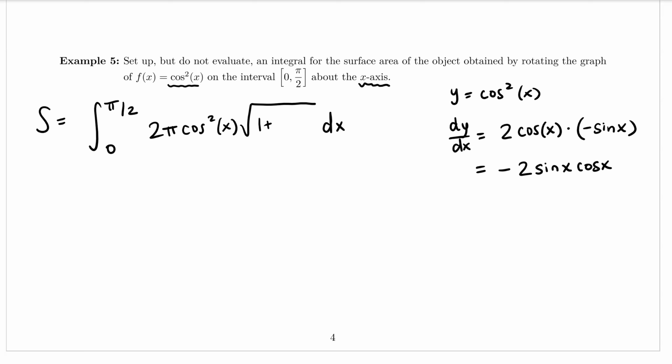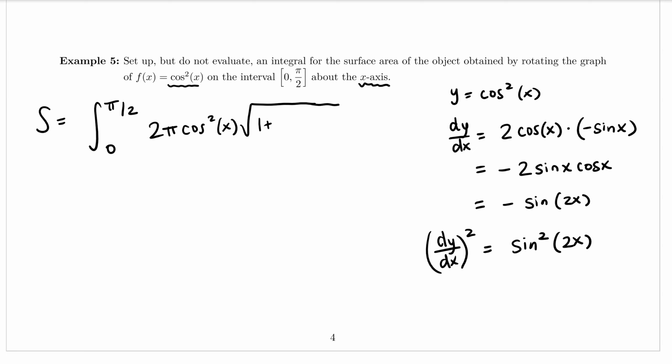And I can use the double angle identity for sine to rewrite that as negative sine of 2x. And at this stage, if I wanted to square that, then that would give me sine squared 2x. The negative would go away since we're squaring it.